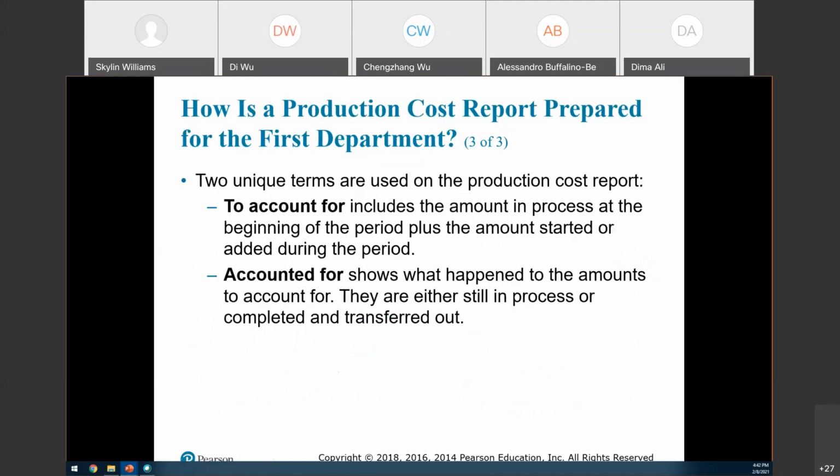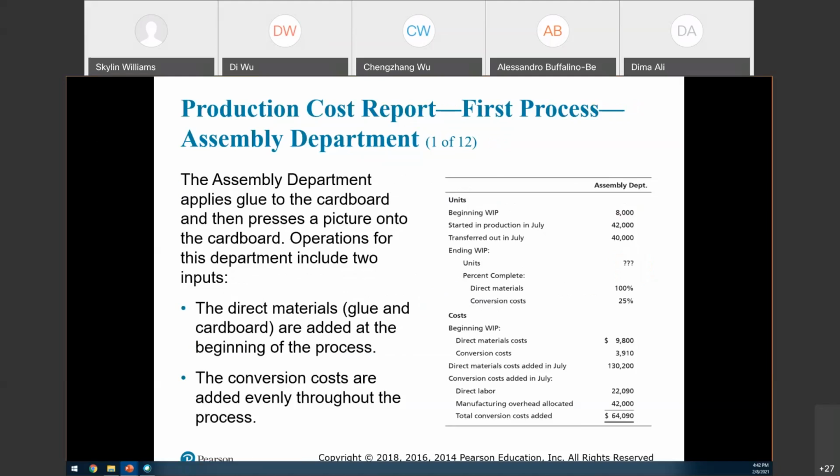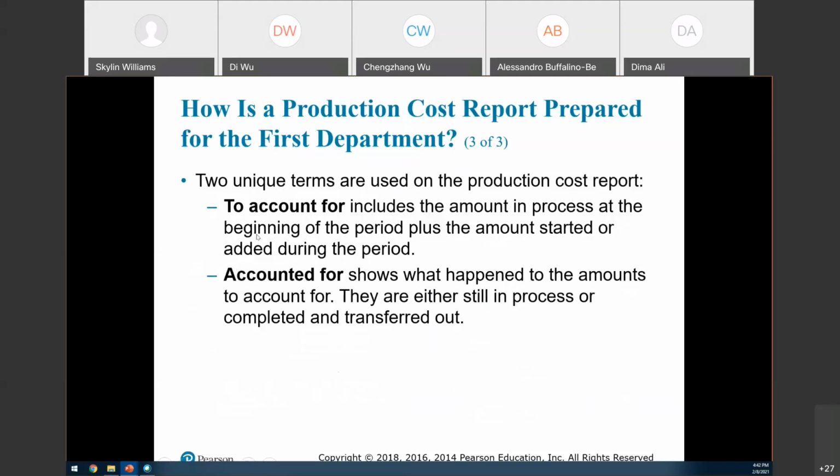I also said that to account for and accounted for must always be equal. So here in this chart, first of all, we can know how many units are to account for. Again, to account for includes the amount in process at the beginning of the period, plus the amount started or added during the period.